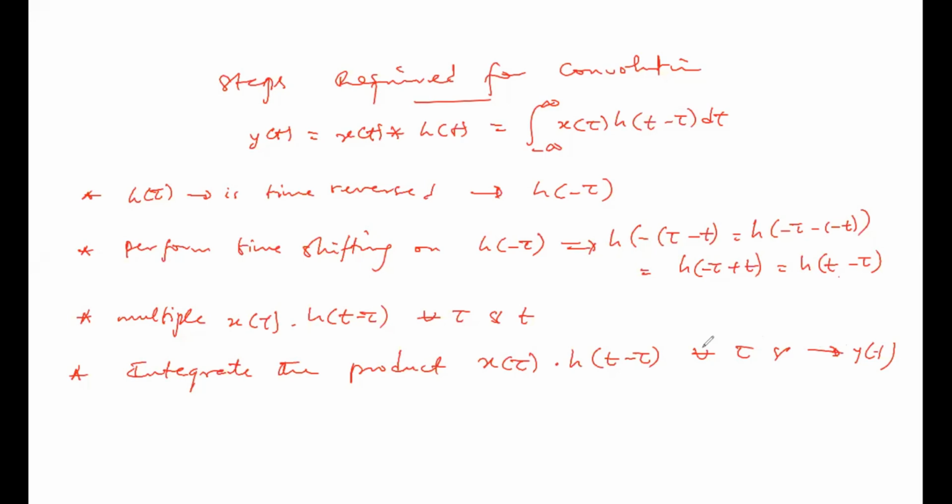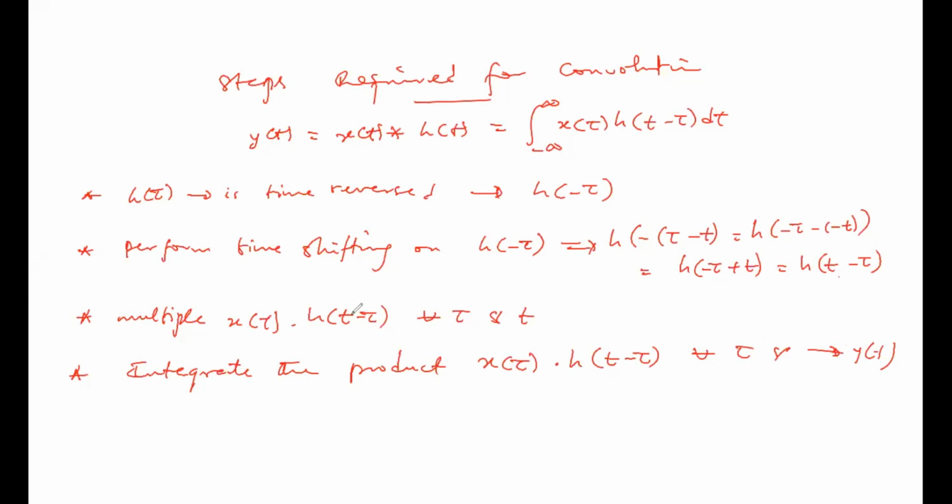Now, there are some examples in the video, and I will just look through a simple example. We already know that the convolution of two rectangular pulses of equal duration will give us a triangular function.